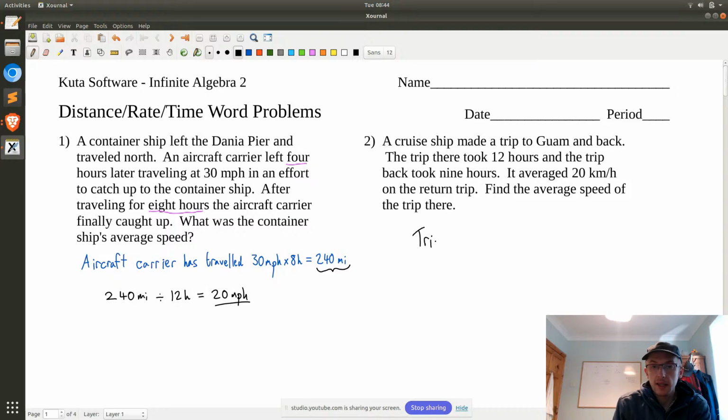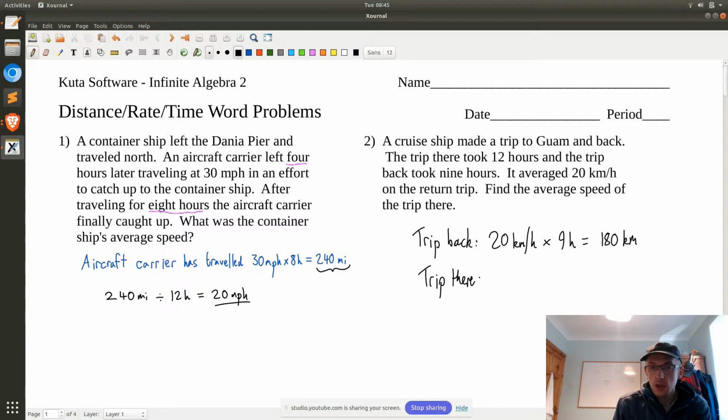So the trip back was 20 kilometers per hour multiplied by 9 hours, and then we get the overall distance from the point of departure to Guam, which is 180 kilometers.